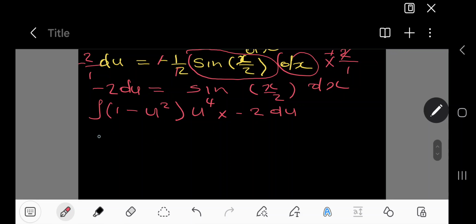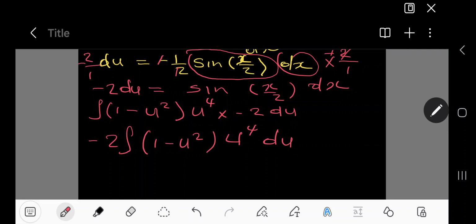So now we want to take minus 2 and put it in front of the integral sign, then we would be left with 1 minus u squared and u raised to 4 du.